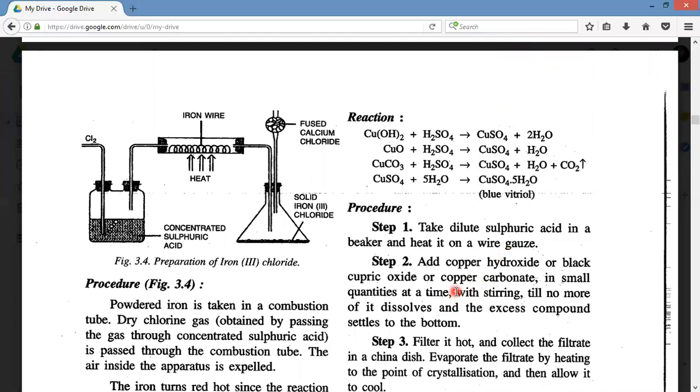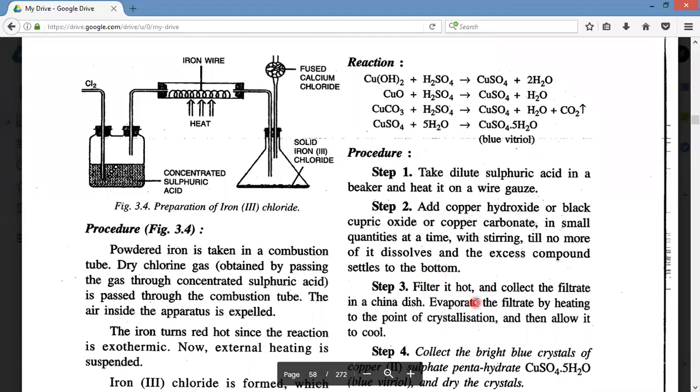That copper hydroxide is inserted in the beaker of sulfuric acid with regular stirring until the saturation of that compound is reached. It means it should dissolve maximally, and after that the excess of compound will settle at the bottom.